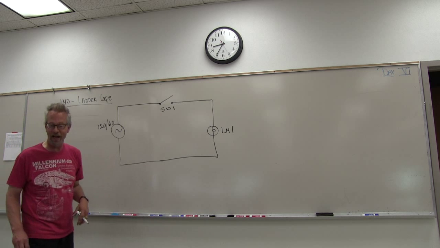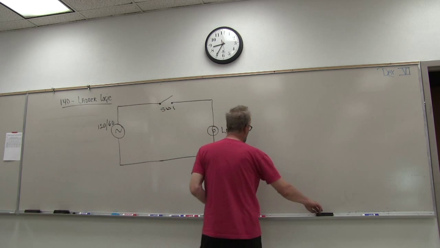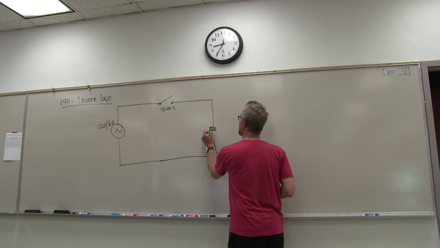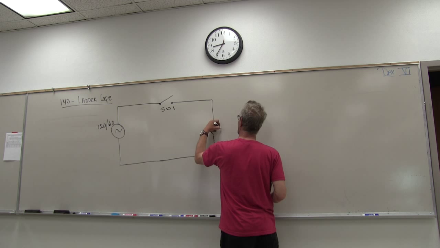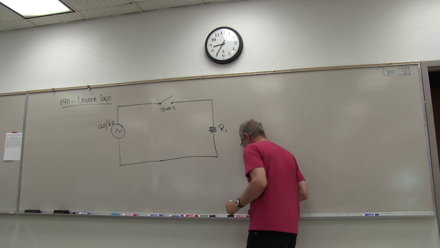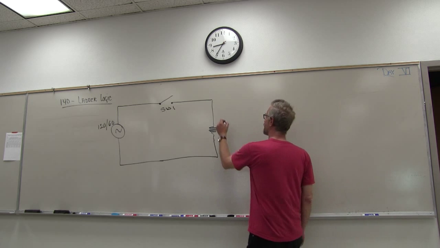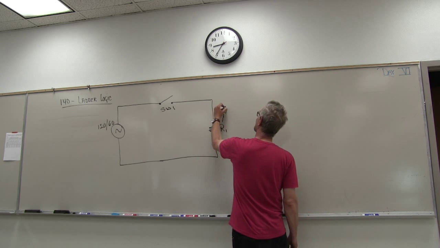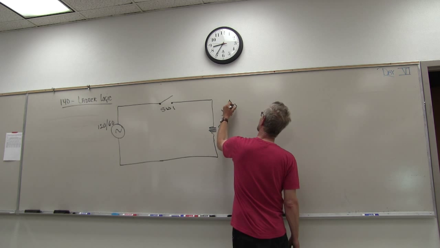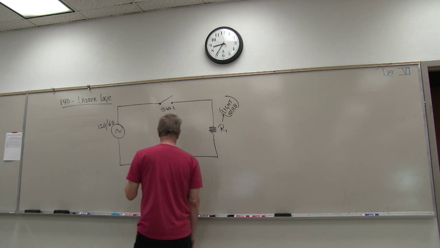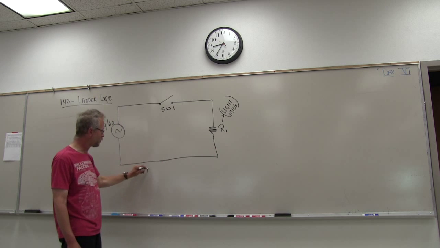This is what we looked at earlier on, and in fact, we may just replace this with a resistor and call it R1. R1 can represent any number of things. In this case, it represents a light bulb. This is the way we would represent that circuit in, say, 120.